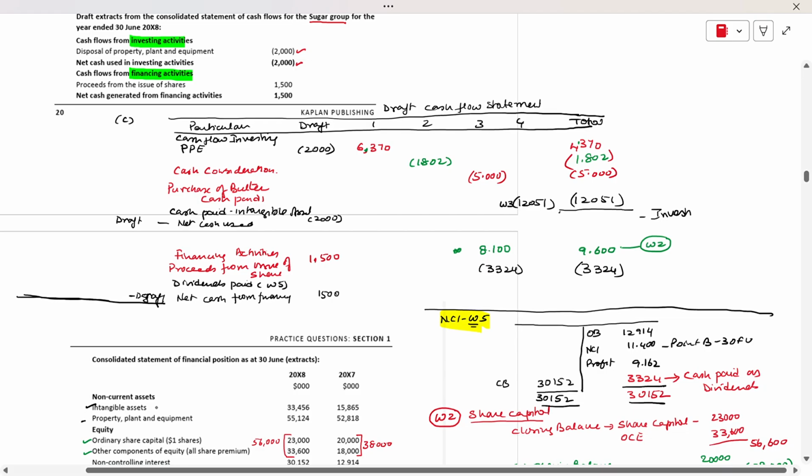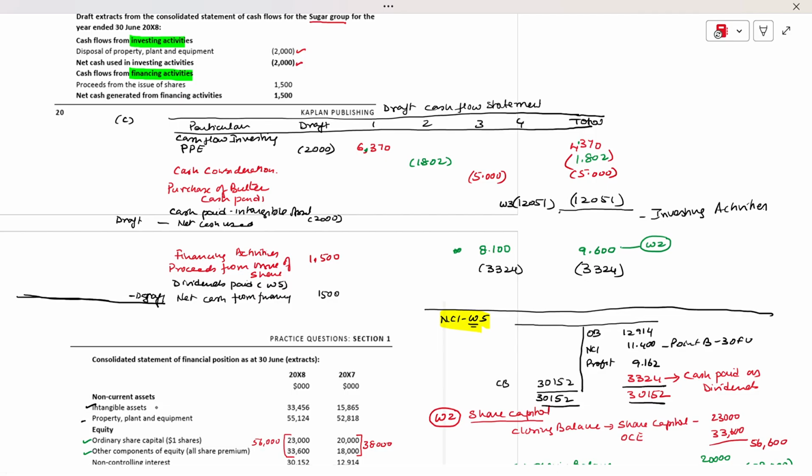How much is the total about this? 4370 minus 1802 plus 5, minus or plus 5,000?